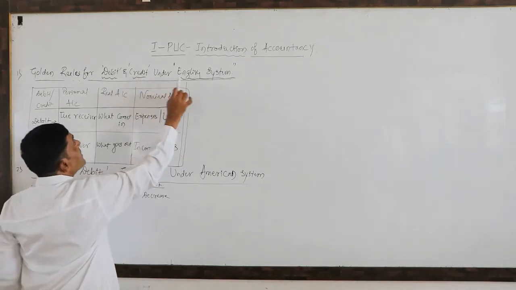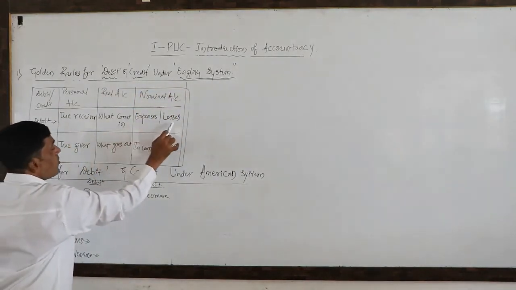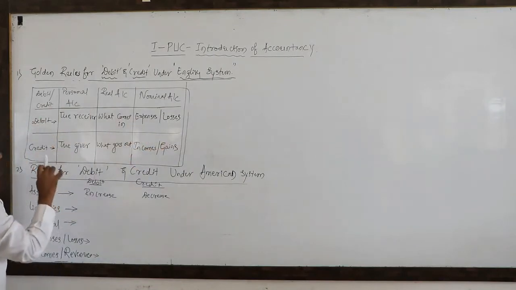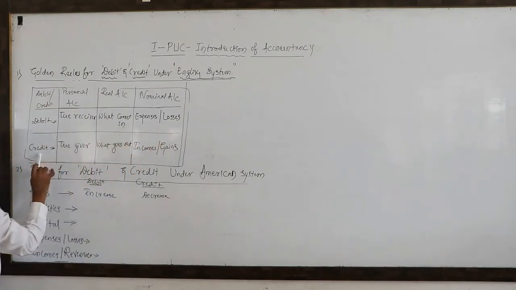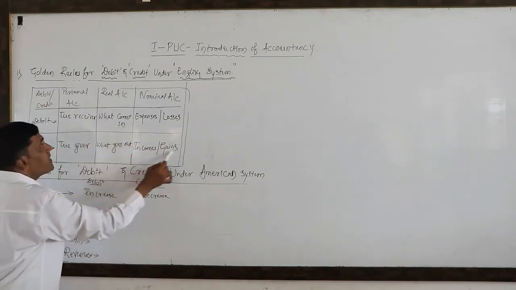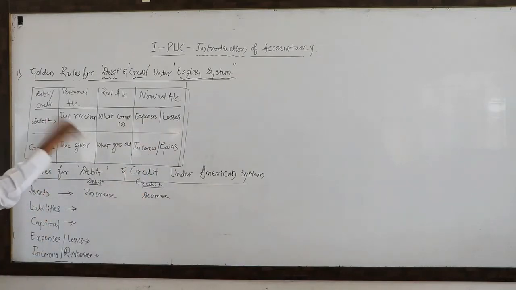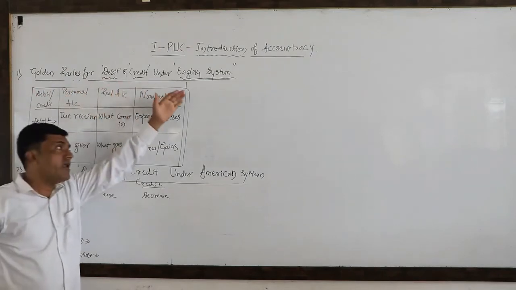As per the English system, debit expenses or losses, by nature both are the same. Debit expenses or losses, credit incomes or gains under nominal account. This is a very important golden rule for debiting and crediting under the English system.